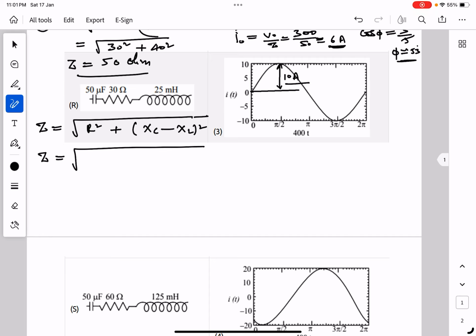Resistance is 30, XC is 1 upon omega C, omega is 400 and capacitance is 50 microfarad, 50 into 10 raised to the power minus 6, minus omega L. Omega is 400, inductance is 25 millihenry, 25 into 10 raised to the power minus 3.